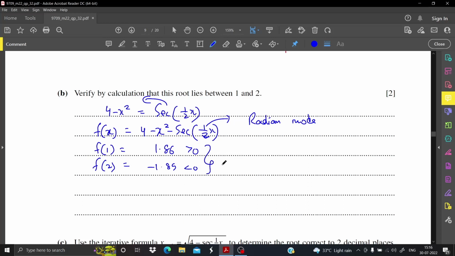So there is a sign change happening between 1 and 2. Since f of x changes its sign, therefore there is a root.